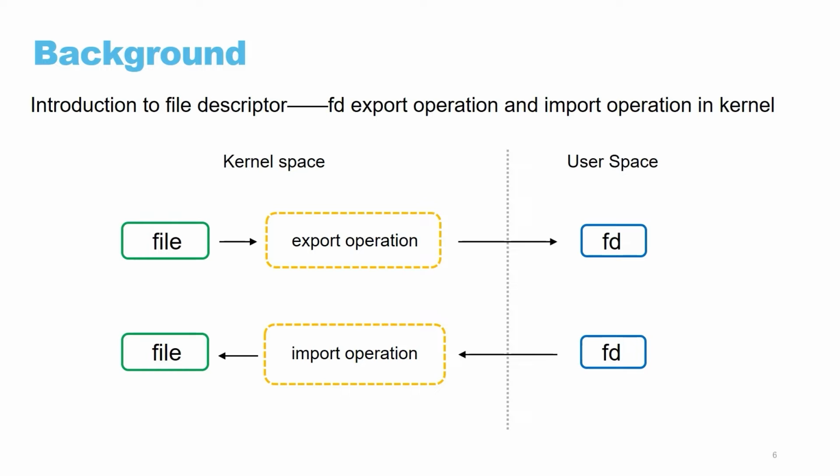On the other hand, kernel needs to import the FD to find the associated file object for further operations in syscalls. The translation from FD to file object is finished through the FD import operation. The FD export and import operation are very common and basic operations in kernel. So let's have a look at the FD export operation first.